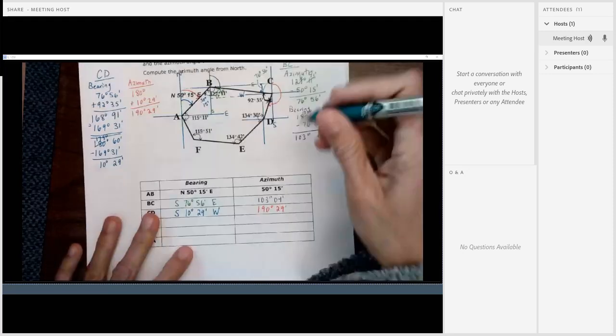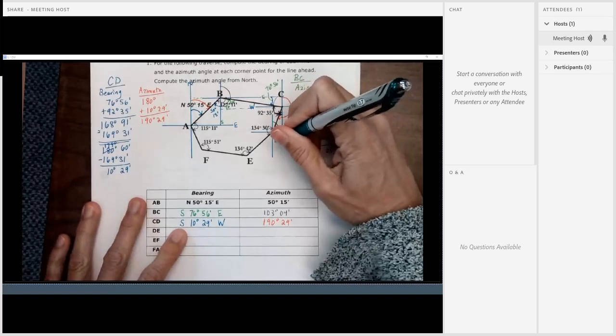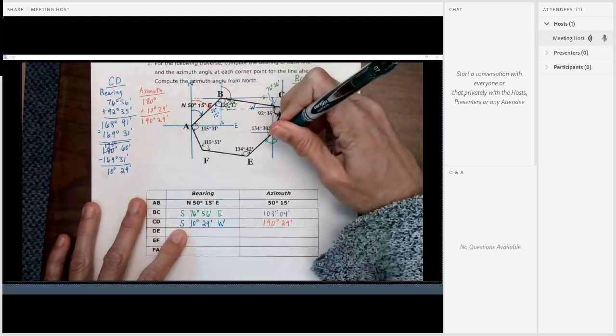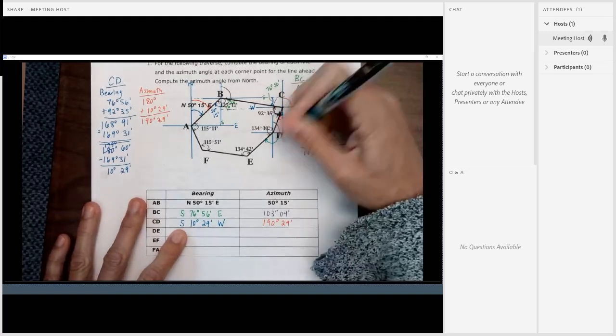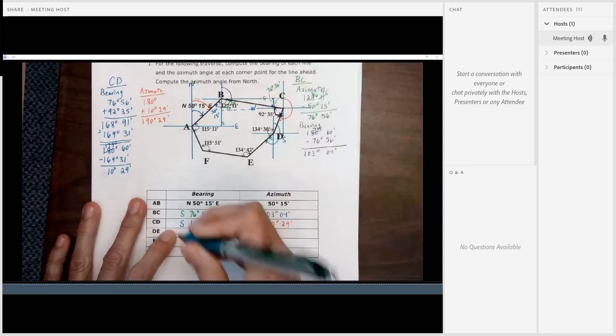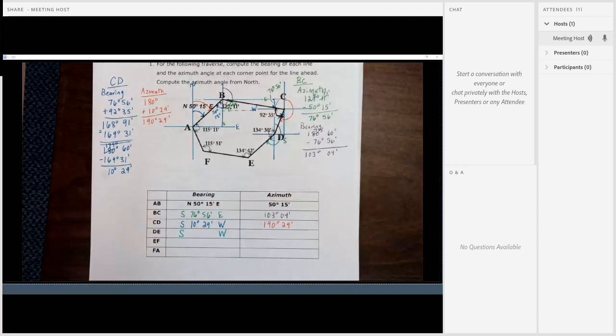So for my azimuth, again, I got to start at the north. So I'm going to come all the way around to here. But again, for the bearing, I'm going to be coming from the south and going to the west. So same thing, I'm kind of turning the same way in that traverse. So not too surprising there. Starting from the south and going towards the west here at line DE.